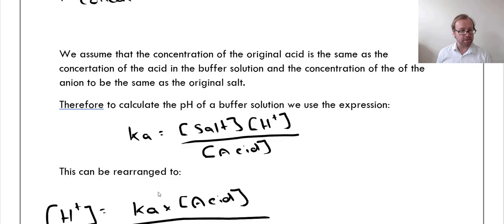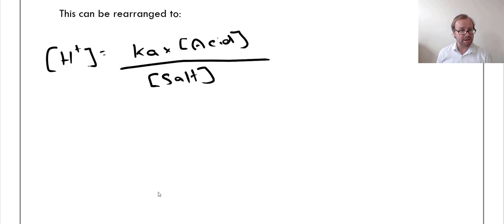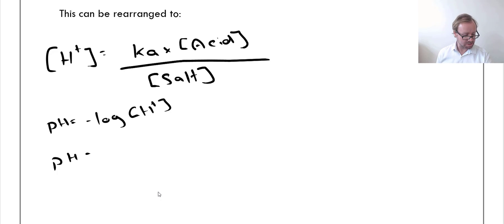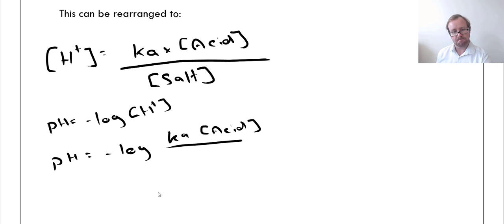And this can now be arranged, and then we can work out the pH using minus log of H plus, or we can actually say that pH equals minus log of Ka times the concentration of the acid over the concentration of the salt.